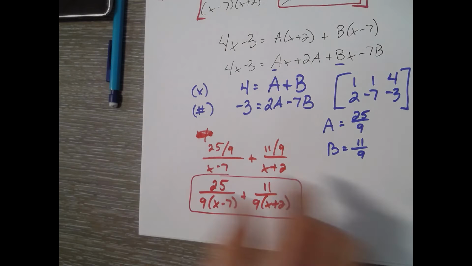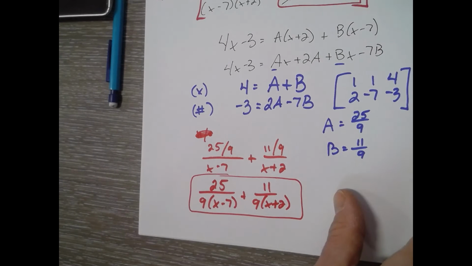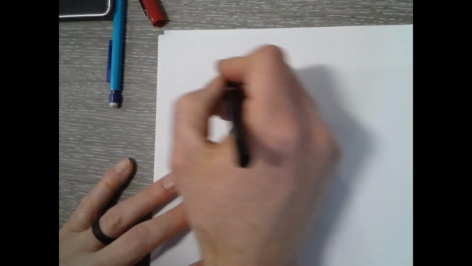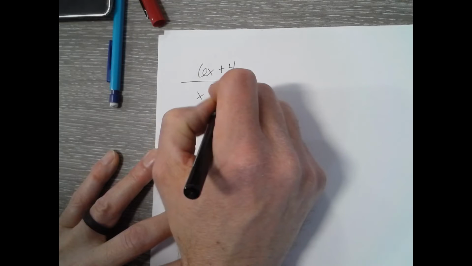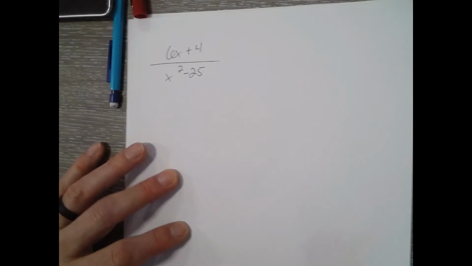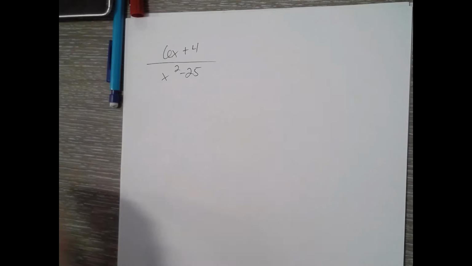All right, I want you to try one. We have 6x plus 4 over x squared minus 25. See if you can rewrite that using partial fractions.